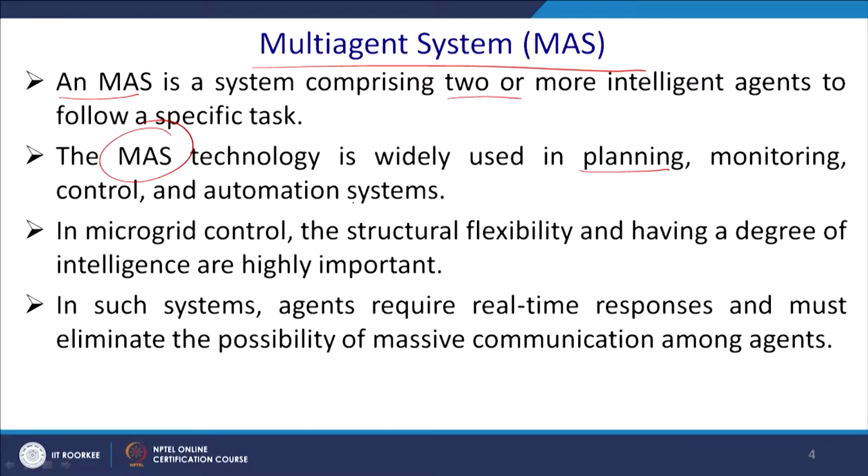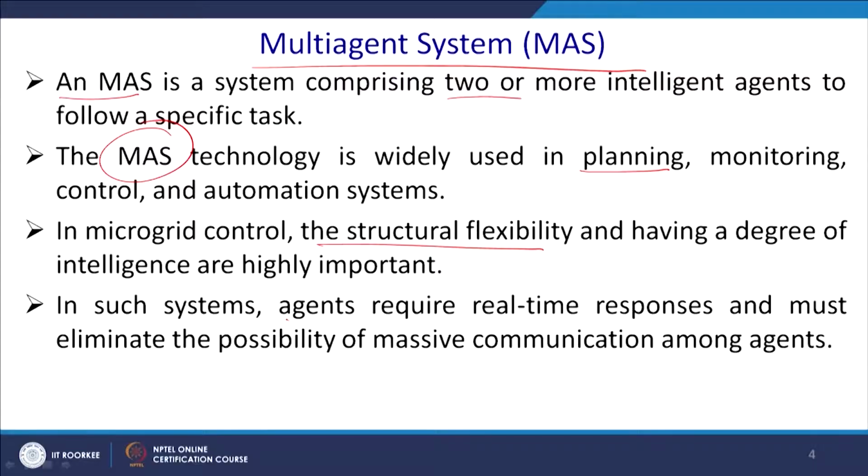So, that is very useful for our modern way of living. In microgrid control, the structural flexibility, that means a source can be turned into a load and vice versa, and having a degree of intelligence are highly important. So, you have to incorporate the knowledge that yes, this is possible.